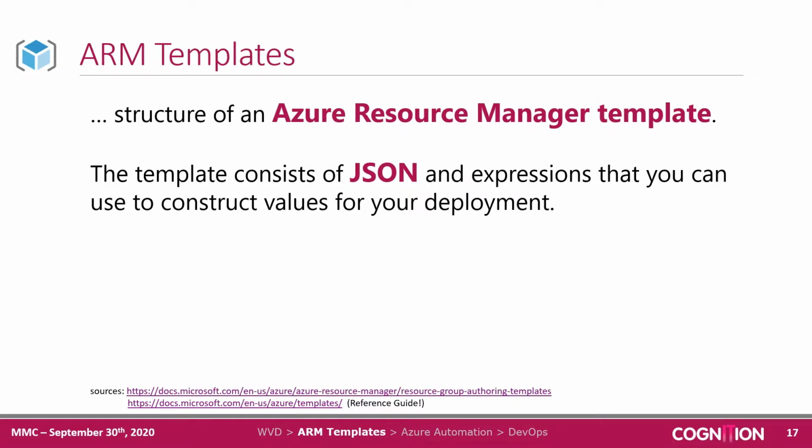And Azure Resource Manager templates, written in JSON, allows you to automate the deployment and still provide the Azure Resource Manager with all the information that it needs. As mentioned, it's based on JSON.